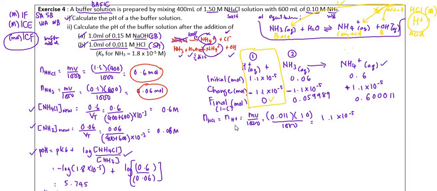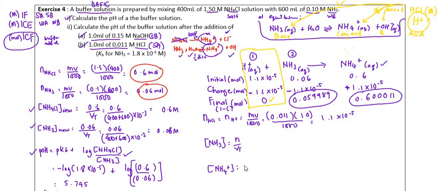So, after you settle the ICF table, you have to calculate the molarity for this mole and this mole. Molarity of NH3 is mole over total volume, and concentration of NH4+ is mole over total volume.